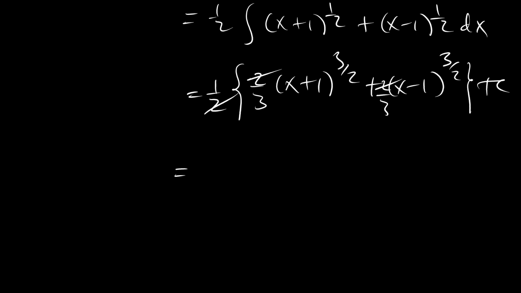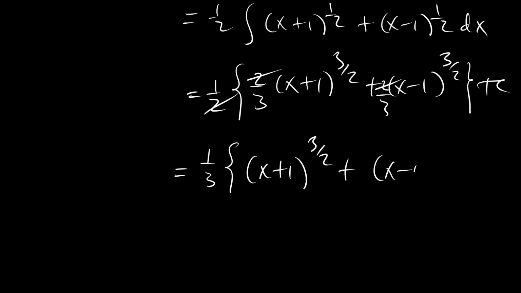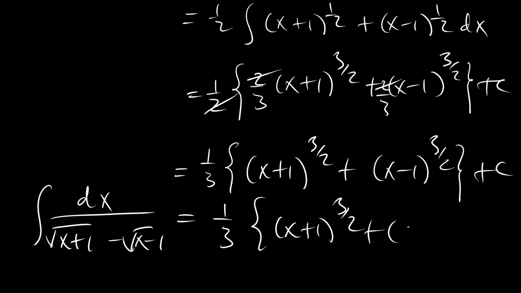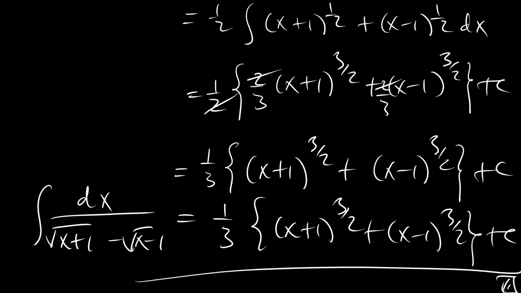So we have a third, x plus 1 to the 3 over 2, plus x minus 1 to the 3 over 2, bracket, plus the integration constant. And that, ladies and gentlemen, is the answer.